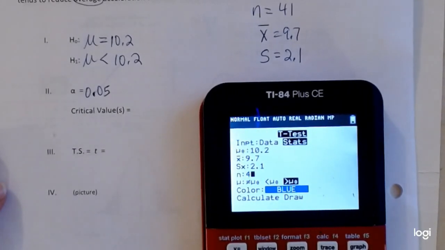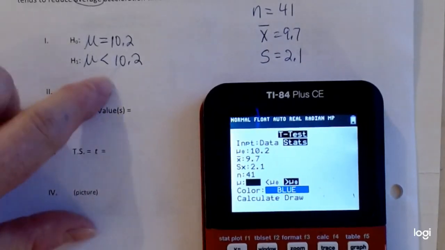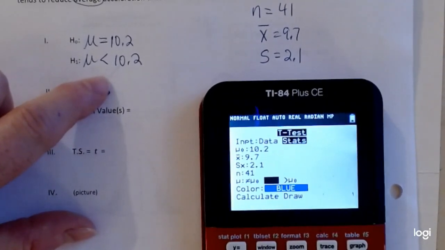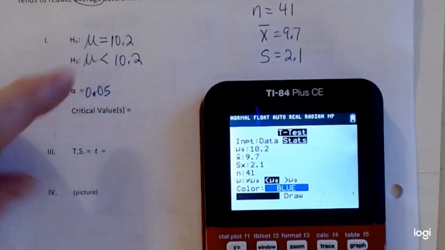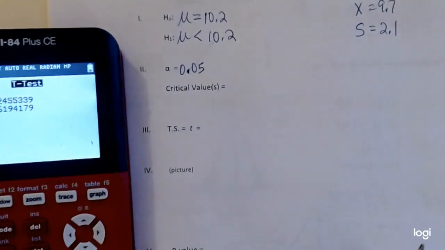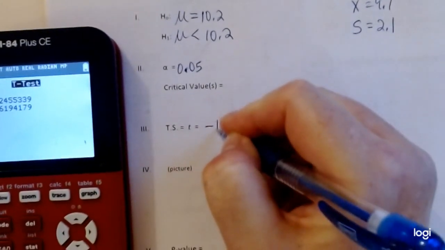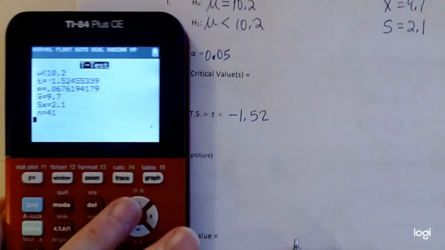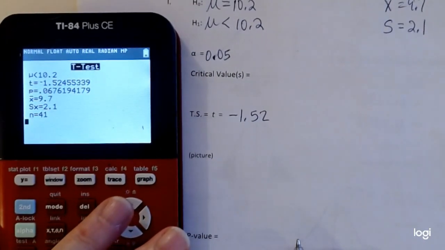N is 41. This is a less than, so we're going to choose that left tail. We're going to calculate. And we get t is negative 1.52. The p-value we can see here is 0.0676.